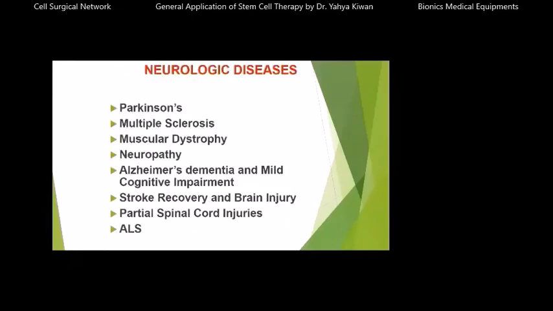Now, neurological disease. There are protocols for management of Parkinson's disease, multiple sclerosis, muscular dystrophy, neuropathy, Alzheimer's, stroke recovery and brain injury, partial spinal cord injury, and amyotrophic lateral sclerosis.